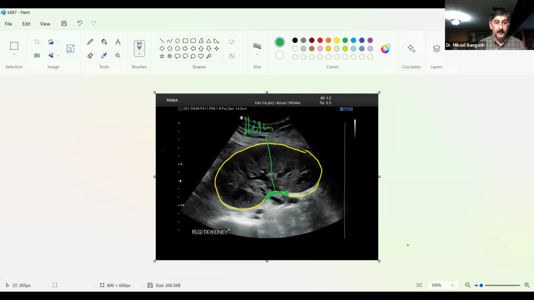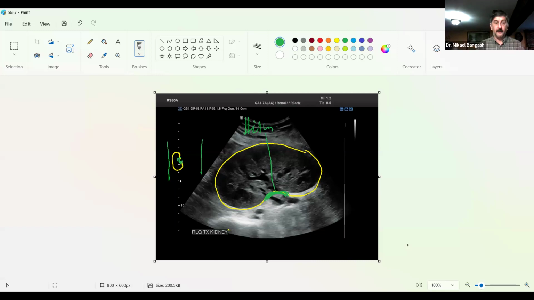Clear, okay. So in this case, this was the abdomen. And let's say we were scanning a kidney. This would have been the kidney.